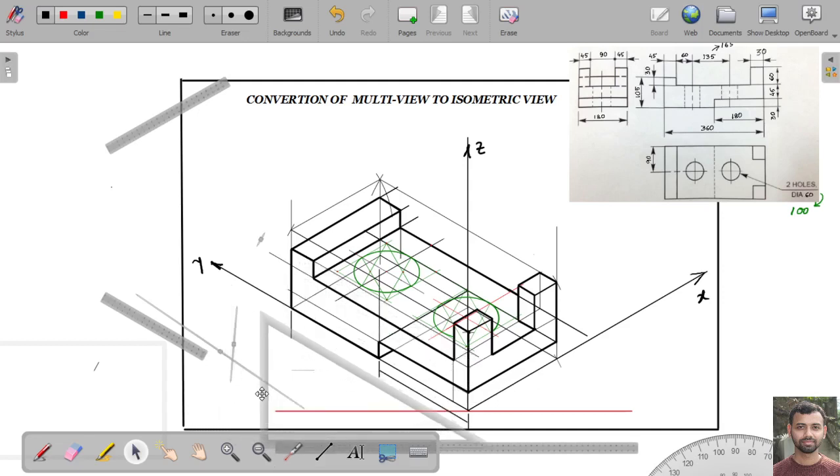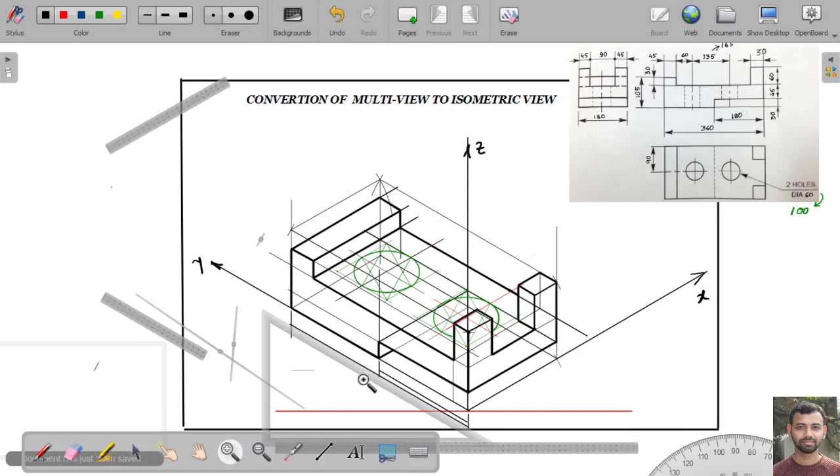And from this point to this point, what is the distance? Okay.